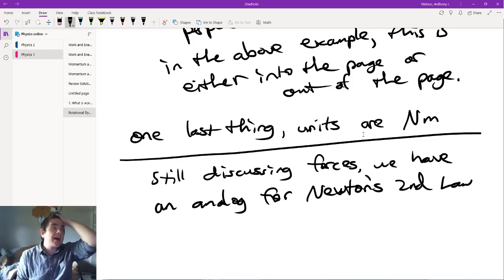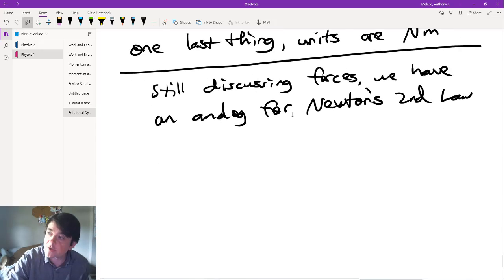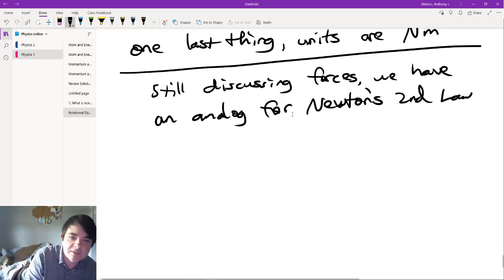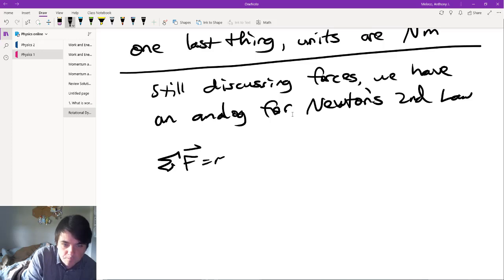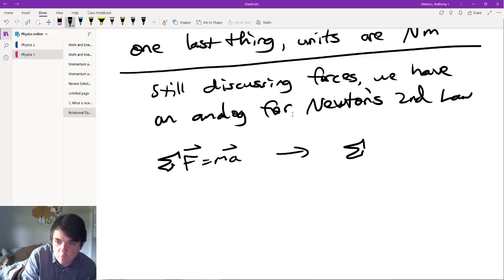So remember that when we were discussing forces, the big thing that we talked about was Newton's second law. And if you remember, that was a sum of the forces, F equals ma.